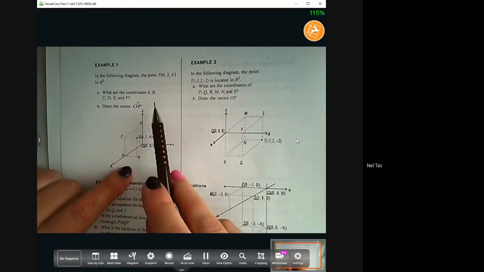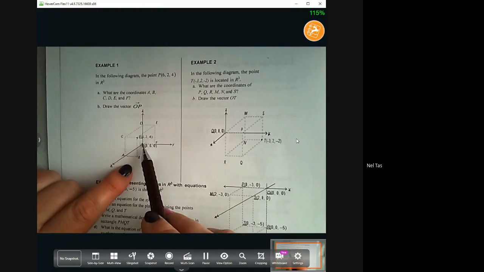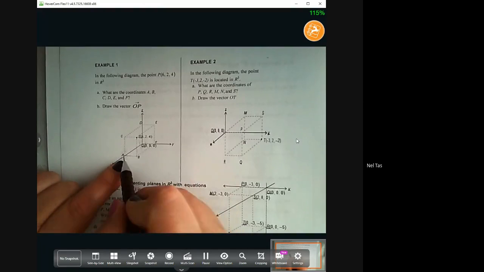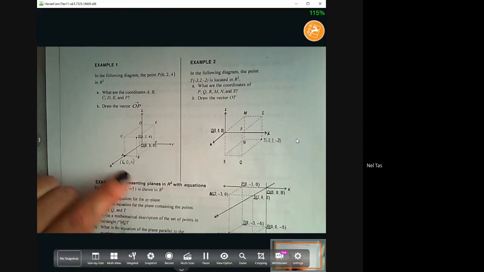All right. So based on that, what can we say about point A? Point A is on the x-axis. So you go 6 units on the x-axis and you find point A. Therefore, the x coordinate is 6, but the y and z coordinates are 0. Let's remember the 2D system. If you have an x-intercept, let's say 3, then your y coordinate is 0.